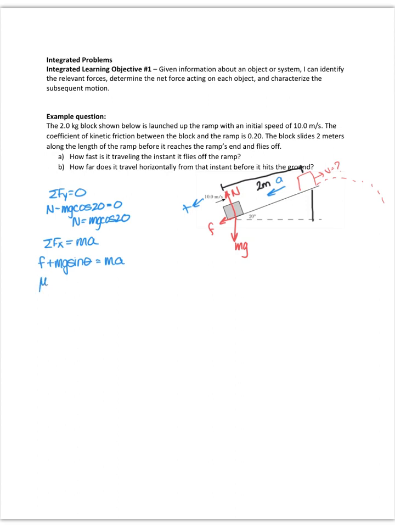My frictional force is mu k times the normal. And I know what my normal force is, mg cosine 20.